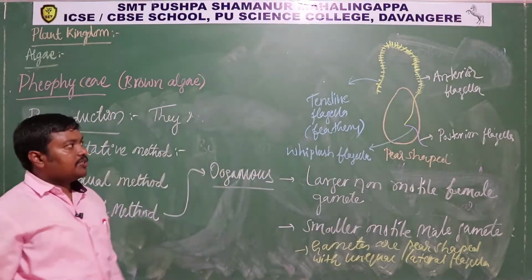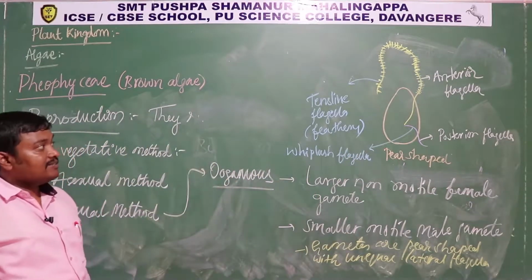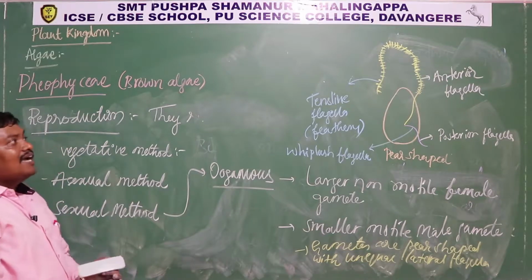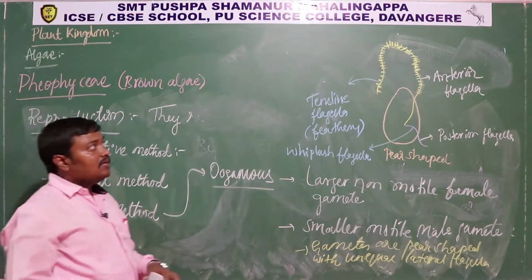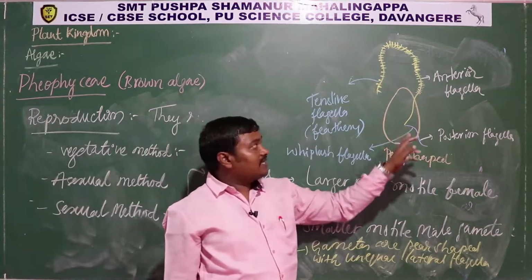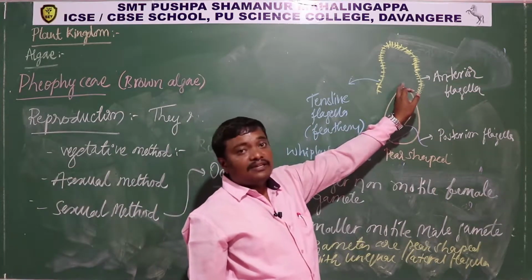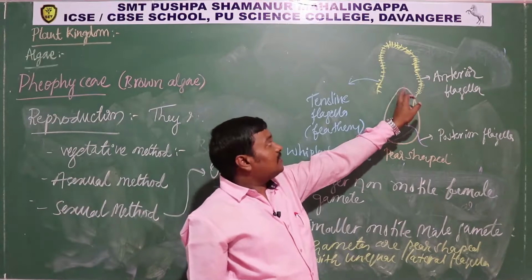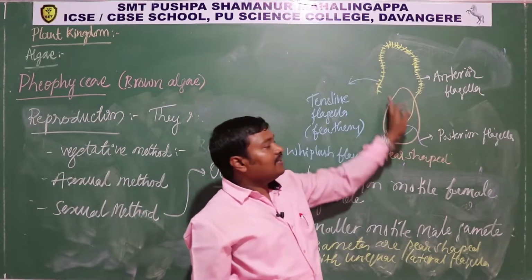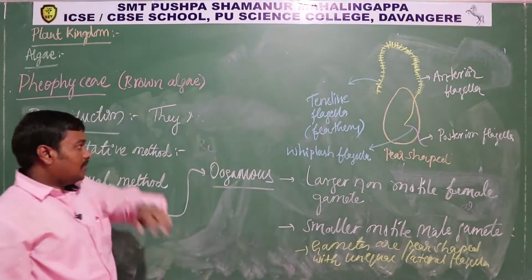So during sexual reproduction also, the male gamete has a tinsel flagellum and a whiplash flagellum attached laterally. That is an important character. In the case of chlorophyceae, flagella are attached to the tip, not lateral and unequal, but here they are unequal.